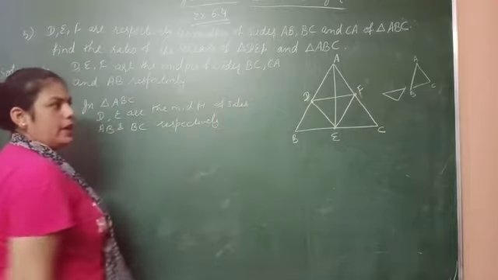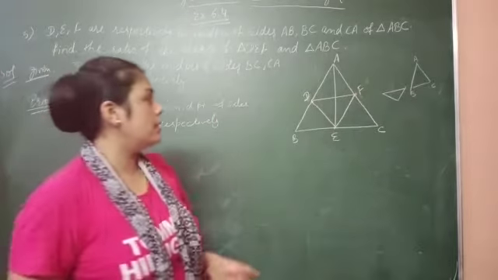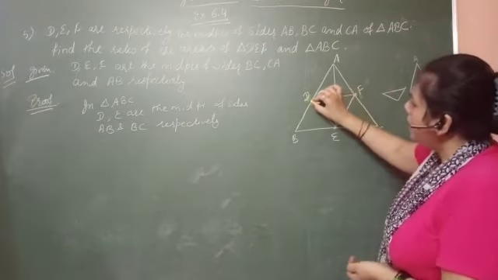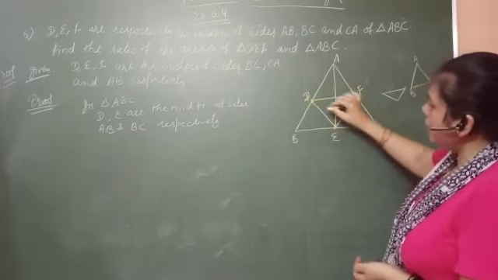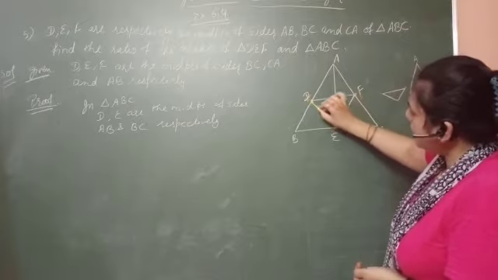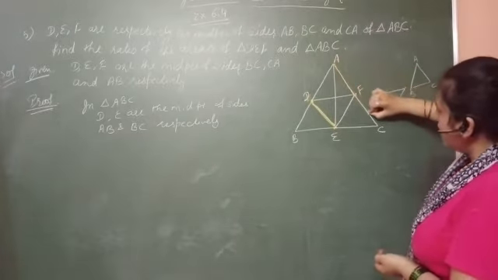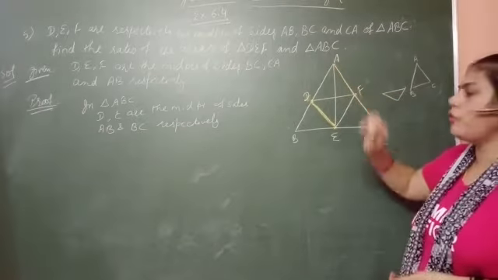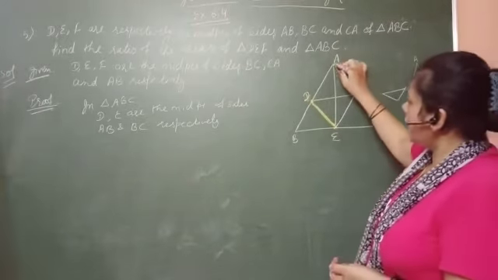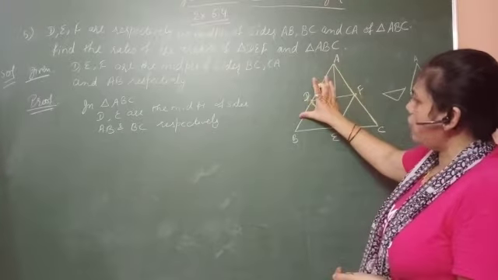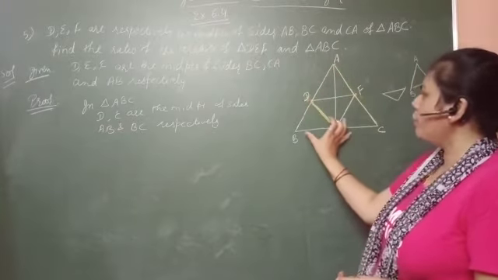So in 9th grade we have done the theorem that in a triangle, when we join the midpoints of two sides of the triangle, that line is parallel to the third side and equal to half of it. So in triangle ABC, D is the midpoint of AB and E is the midpoint of BC.